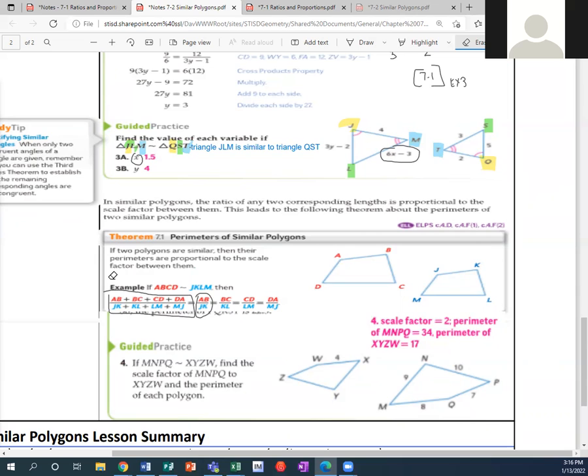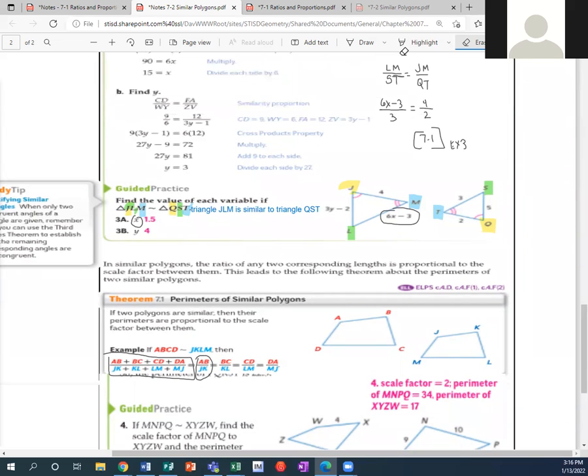So if you can find the scale factor of your two polygons, that is, grab some side lengths, make them a fraction, then the perimeters of those two polygons are going to be the same sort of fraction. So the same way you set up a proportion here, you can set up a proportion where one side is the perimeters and the other side is one of the side lengths. That's it.